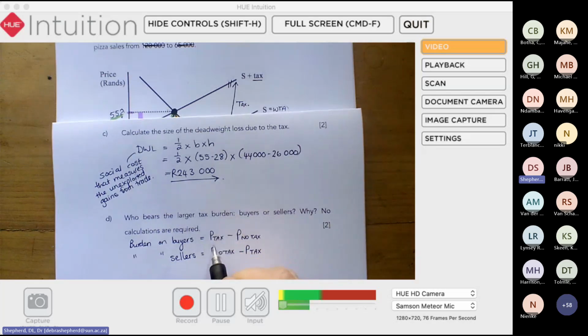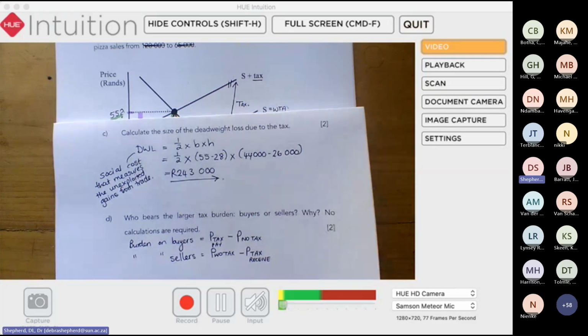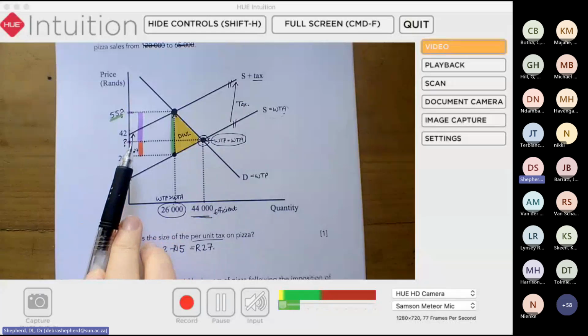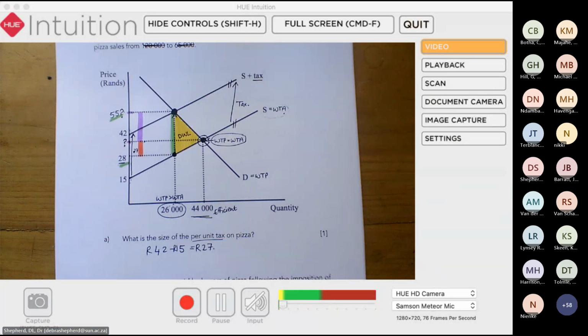So the price that buyers pay with the tax and the price that sellers receive with the tax. So that's how we would calculate it. Looking at this picture here, who bears the larger tax burden, buyers or sellers?